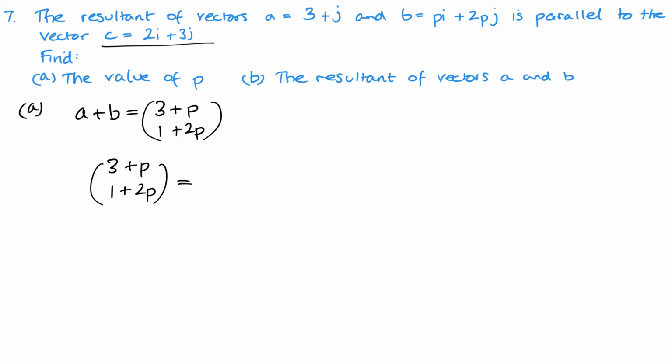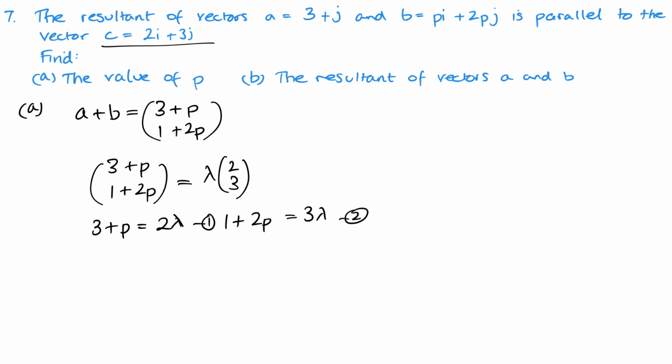Now if it's parallel, it could be any length of this. So we really need to put in this value of lambda, or you can use mu. It's up to you. So we get 3 plus p equals 2 lambda. 1 plus 2p equals 3 lambda. Now we've got two equations and two unknowns, so it's about solving it.